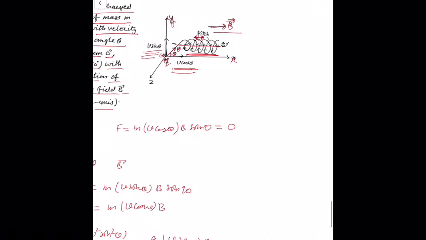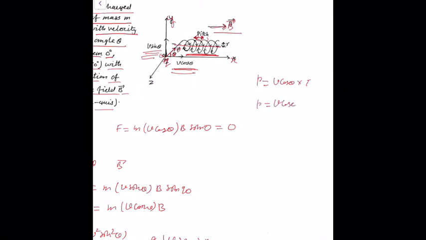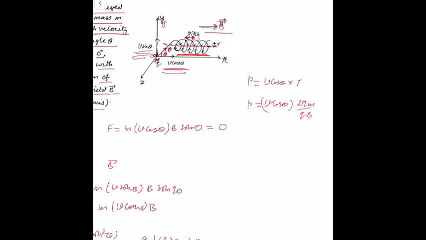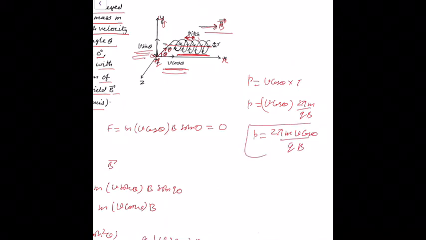So pitch P is equal to v cos theta into T, or P is equal to v cos theta, put the value of T, 2 pi m upon q B, or P is equal to 2 pi m v cos theta upon q B. Clear? That's all for today.